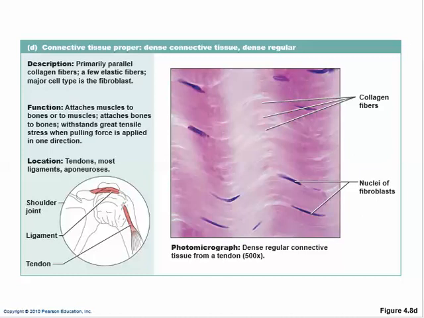And now you can see that you're seeing way more fibers than ground substance in this, and very few cells actually. So this would be a tendon or a ligament, and you can just see that this would resist tension left to right, but up and down on this picture it would just fray and separate. So it's designed for pull in one way.